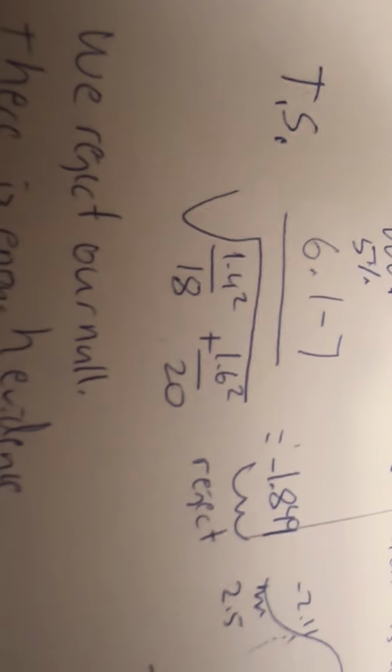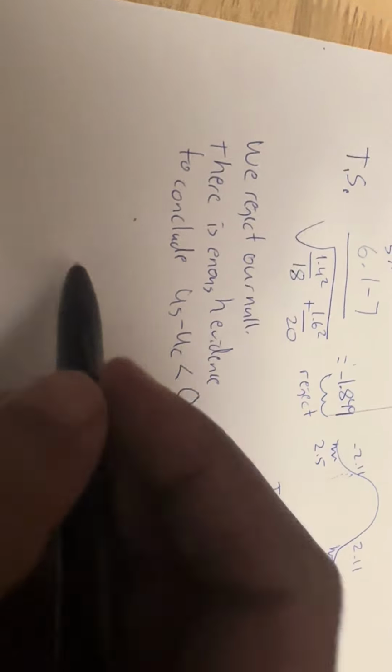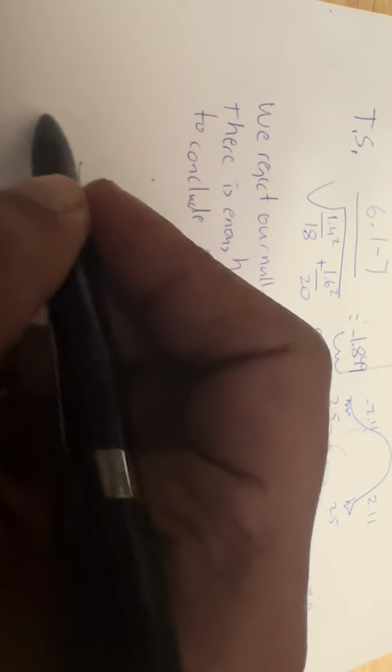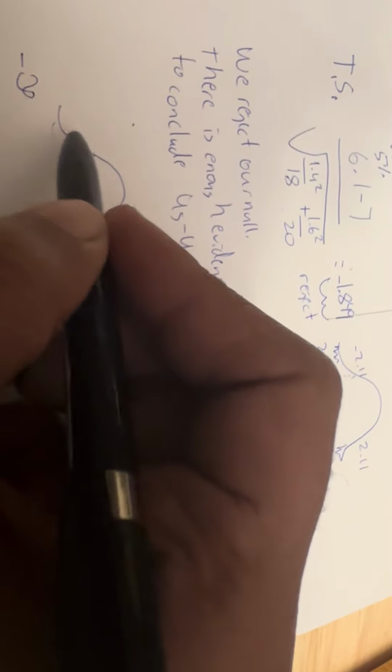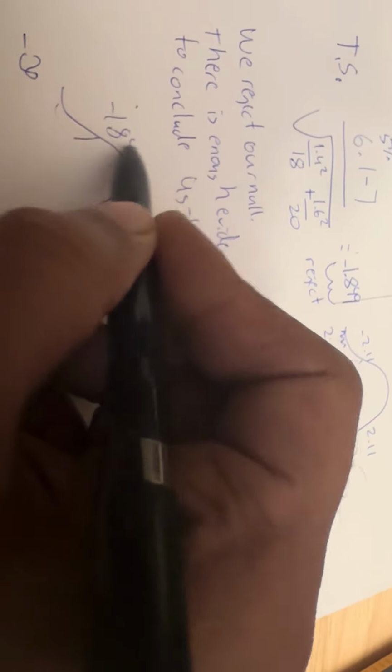Now, we can also turn this into a p-value. Because when I get my test statistic is negative 1.849, what that's saying is that I have negative infinity right here, and this is negative 1.849, because we're in the t world.